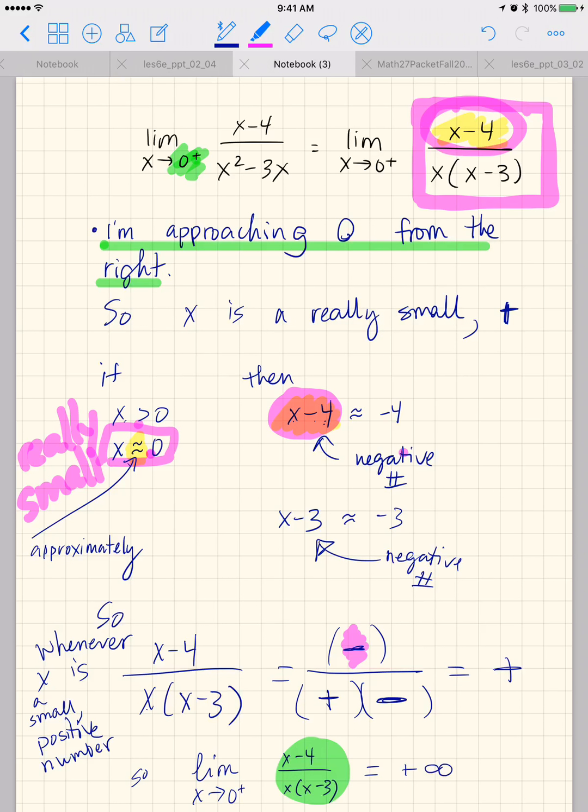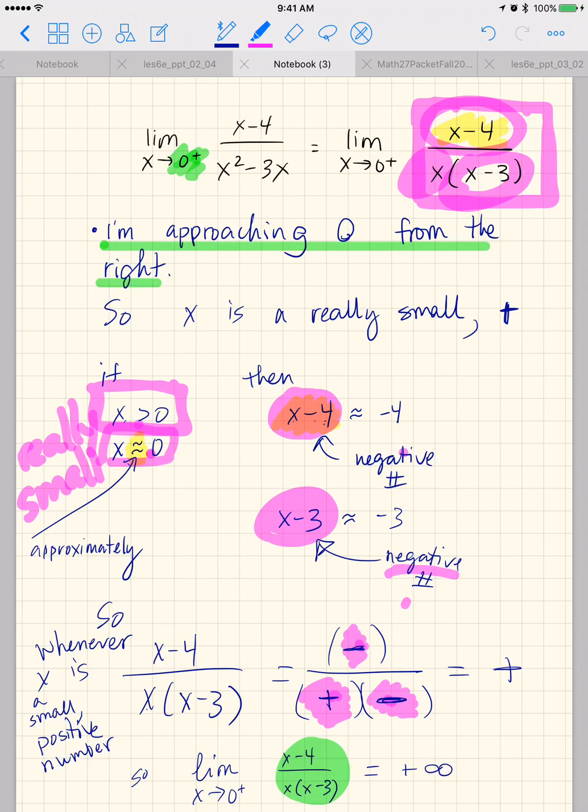And then the next thing I look at is, what about x, right? Well, x is positive because we said that over here. X is positive. And then lastly, I look at x minus 3. X minus 3, okay, is going to be a negative number. So I have my negative number over here. The negatives cancel each other out, and I'm left with a positive.